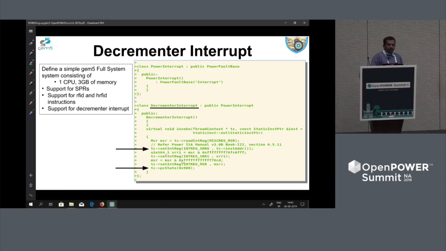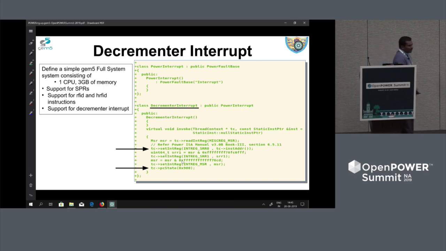Then we were ready to add in the decrementer interrupt support, the goal being that the final Linux kernel is going to execute on this. For the kernel to have any kind of timeout and context switch or any sense of time, we need the decrementer interrupt. So we put in the decrementer interrupt first.